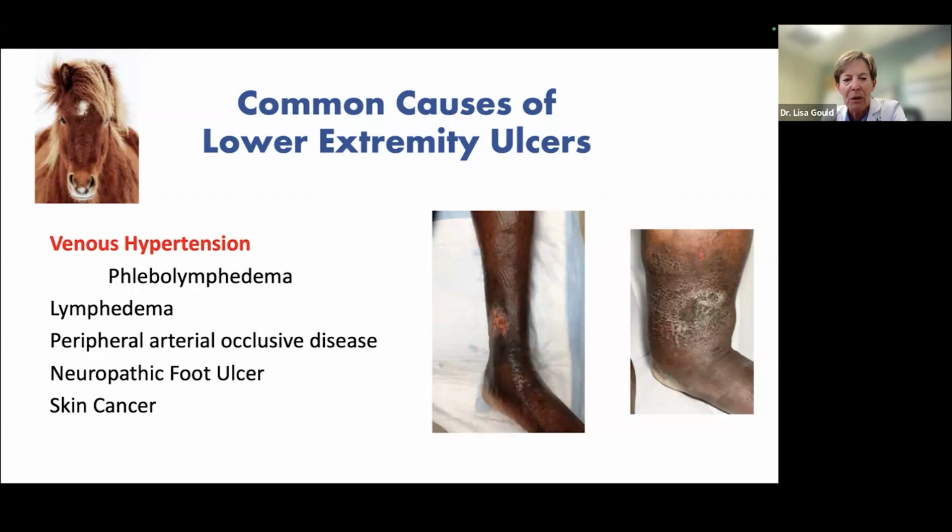Most of us know to be aware of peripheral arterial disease and the ulcers that can be caused by that. But we often overlook that neuropathic foot ulcers can be from things other than diabetes. It can be from HIV, vitamin B12 deficiency, alcohol use, even spinal stenosis, and sometimes it's just idiopathic.